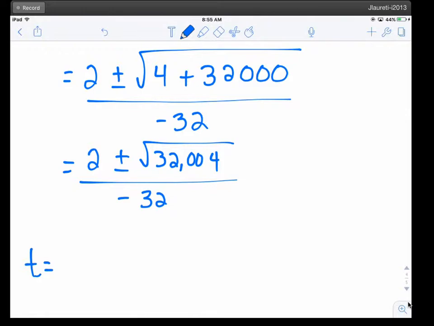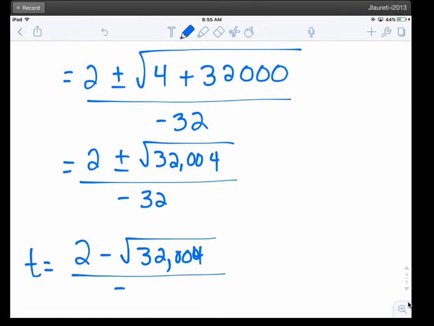So what's 2 minus the square root divided by negative 32? So what does that come out to be again? We're just figuring out the time right now. 5.528.